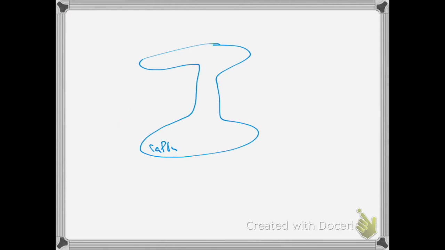So these T lymphocytes, these T cells, are going to cause our osteoclasts to secrete hydrochloric acid. This is going to cause another change in pH. Let me draw a blood vessel. Here's my blood vessel.